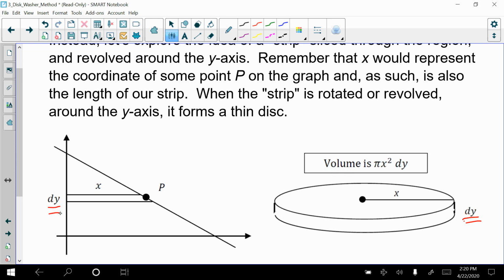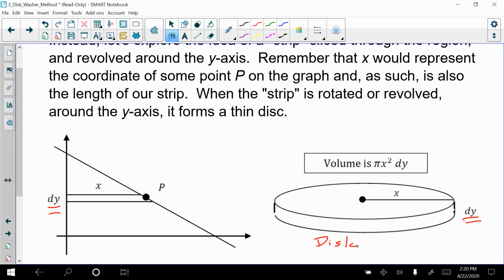And so we make it infinitely small, and that's really why we want to use an integration process here. But we're going to slice it up into a whole bunch of little discs or coin-looking shapes that we have there, and we're going to just take the sum of all of those infinitely thin disks and add them up.